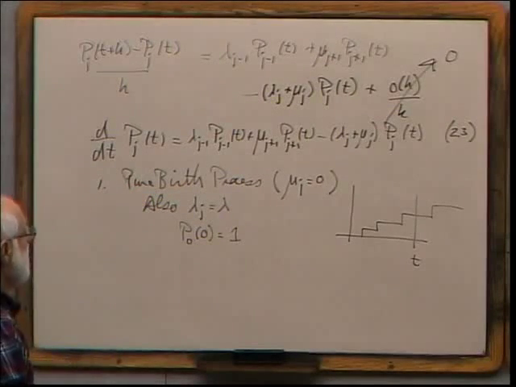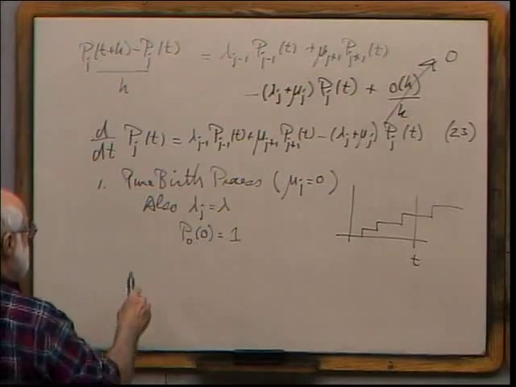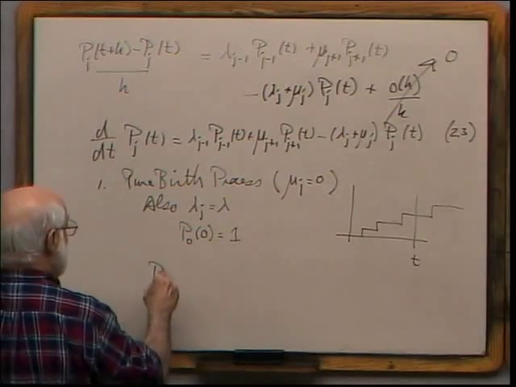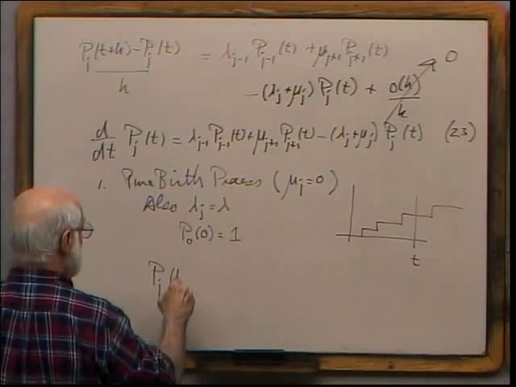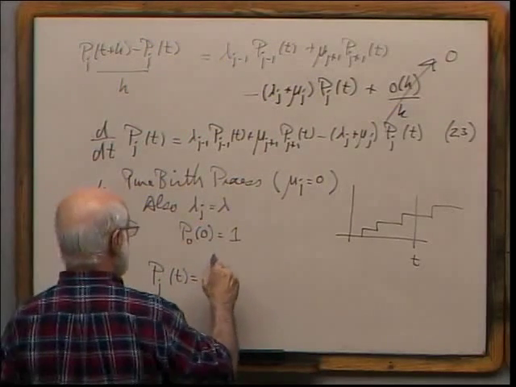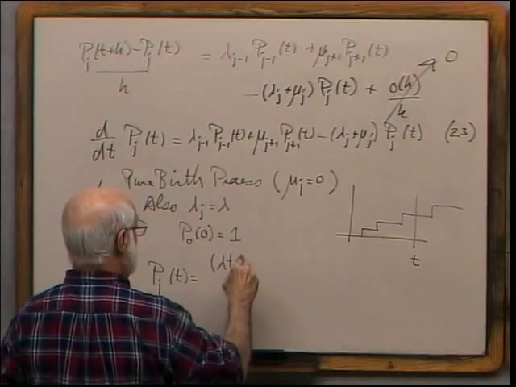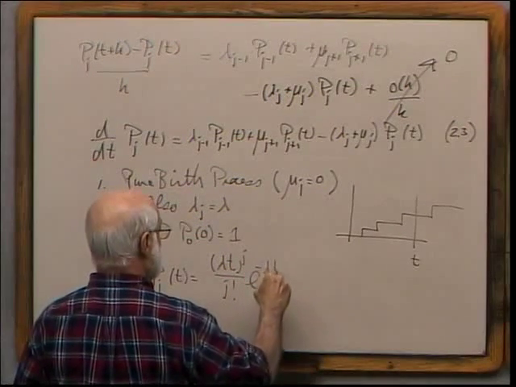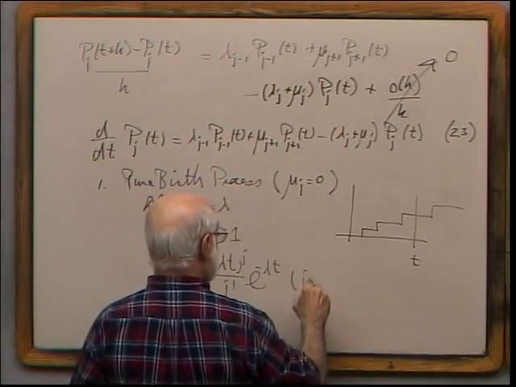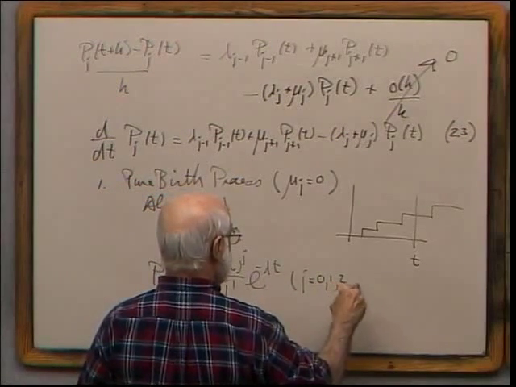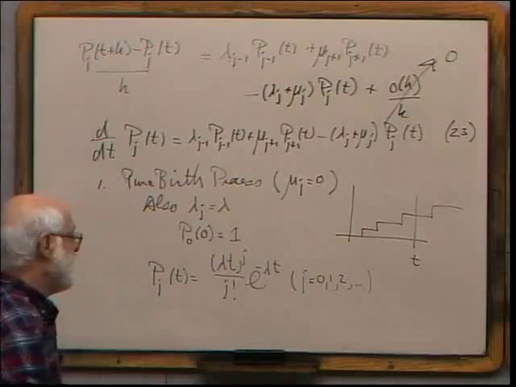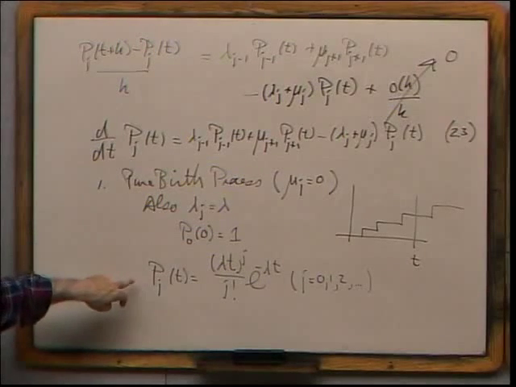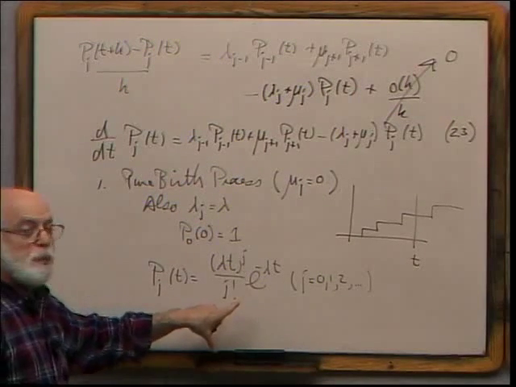It turns out that when you solve these equations, the solution is the following: P_j(t) is equal to (lambda t) to the j over j factorial times e to the minus lambda t, for every value of j. So you get this really nice simple formula, and you recognize that this formula represents the Poisson distribution.